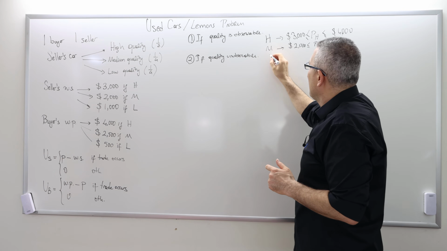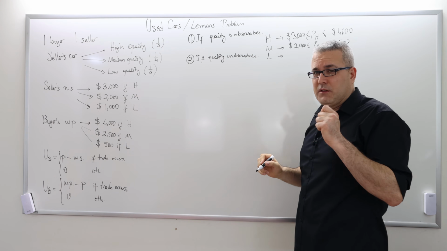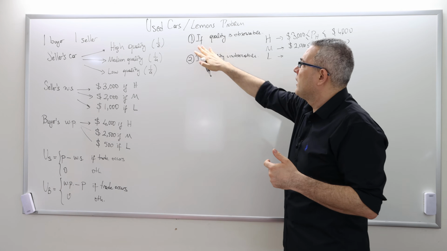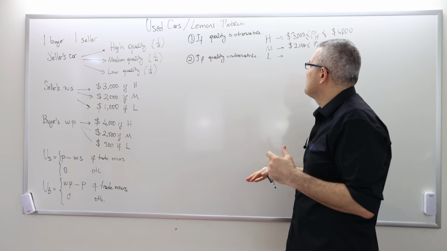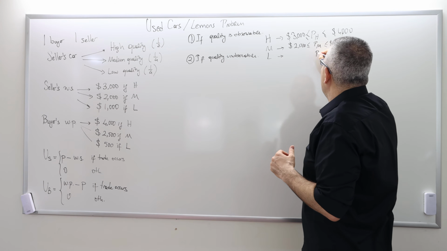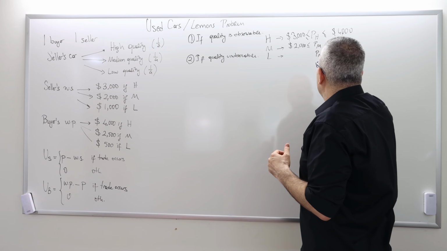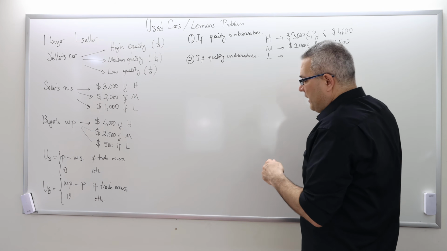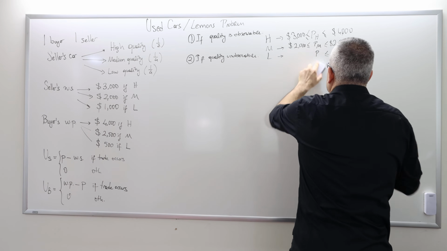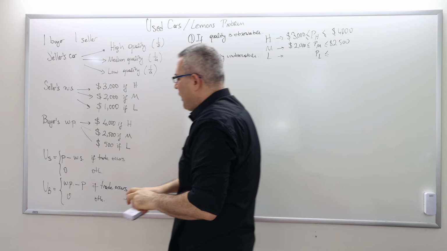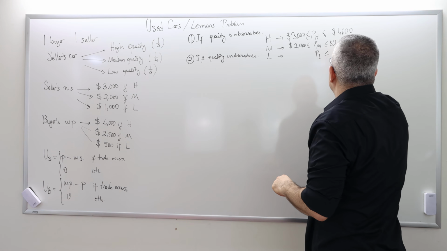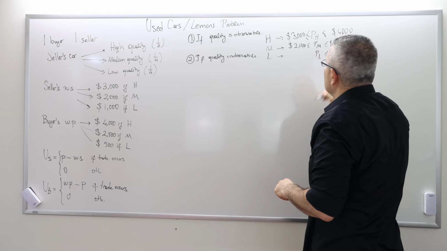And finally, if the quality of the car is in fact the low quality car, in which case, remember, we are in part one, meaning the buyers can observe the quality. The buyers are going to say, hey, you know what? I'm going to accept the price, PL, let's call it this way, as long as the price of the low quality car is less than $500, because otherwise we know that the buyer is going to reject.